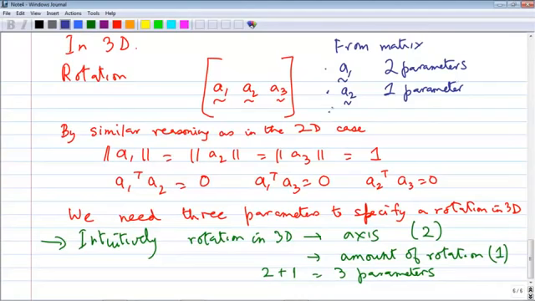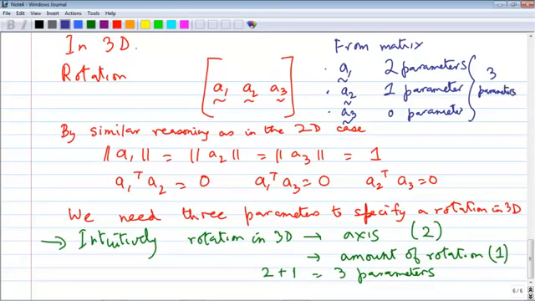And once I've picked A1 and A2, the third vector is constrained. It has to be perpendicular to both of them, so in fact it's going to lie along the vector product of these. So A3 adds no new parameters. If you add it up, we get 3 parameters.